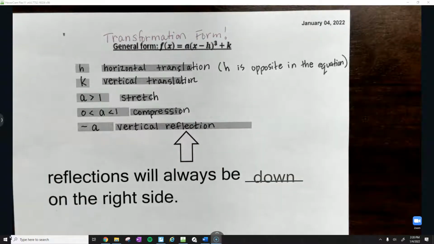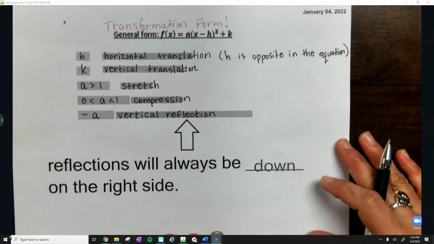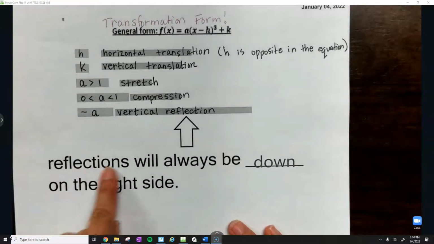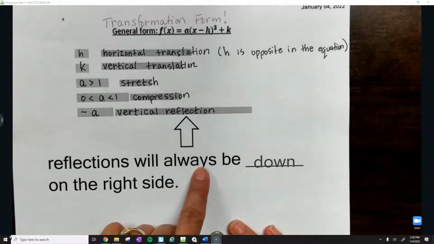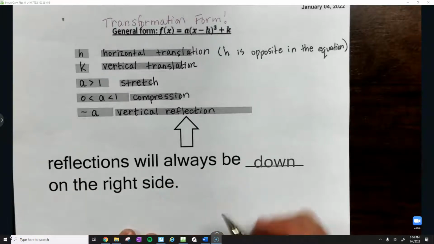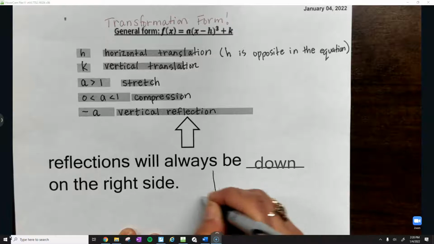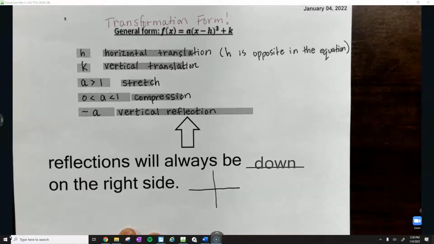So sometimes it's kind of hard to tell when a cubic graph has been reflected upside down because it's not like a U shape like a parabola. So right here, reflections will always be down on the right side, like this. Let me show you. I'm going to sketch an X and Y axis here.